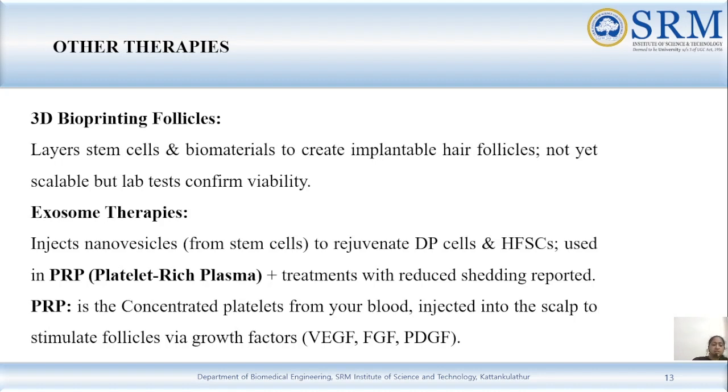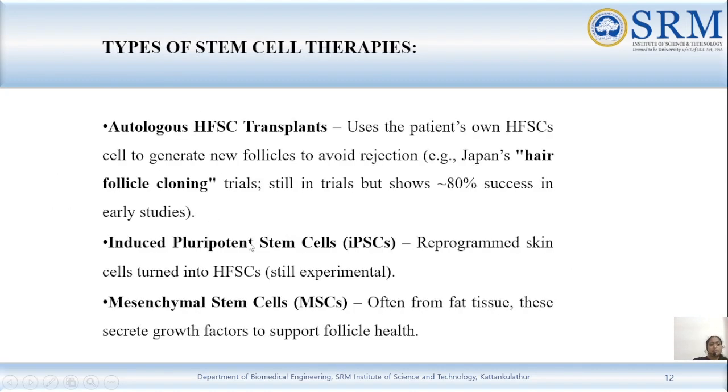This is used in platelet rich plasma, and also in treatment, with reduced shedding of hair noticed. They extract the plasma from a person and concentrate the platelets from your own blood, and this is injected into the scalp, which helps stimulate the follicles via growth factors such as vascular endothelial growth factor, fibroblast growth factor, and platelet derived growth factors. So these are some of the therapies that can be used to help the regeneration process.